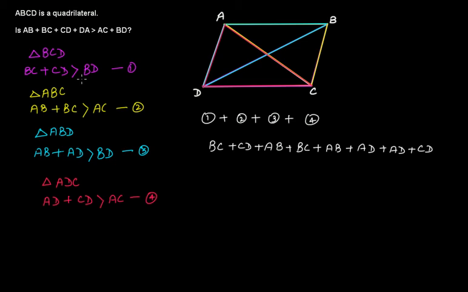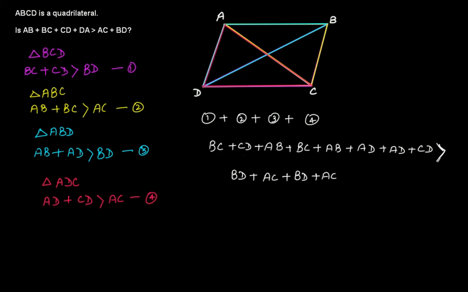This was the addition of the left hand side of this greater than sign, and this will be greater than BD plus AC plus BD plus AC. That is, we have added the right hand side of this greater than sign.